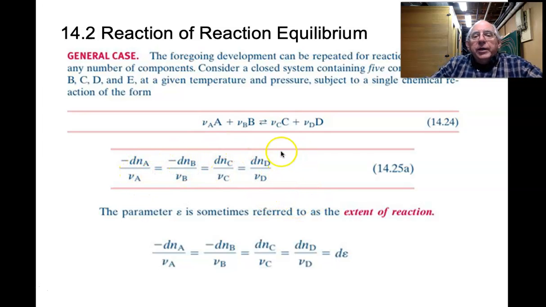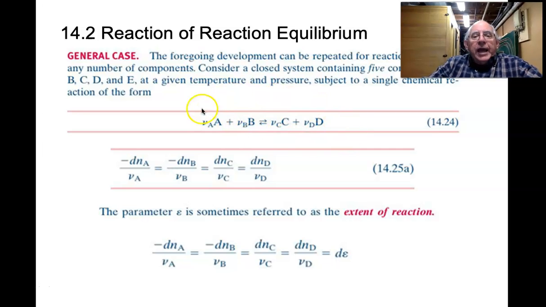So what this then brings up for this reaction is that we can consider each of these terms to be equal to what is referred to as an extent of reaction, a small delta epsilon or d epsilon.